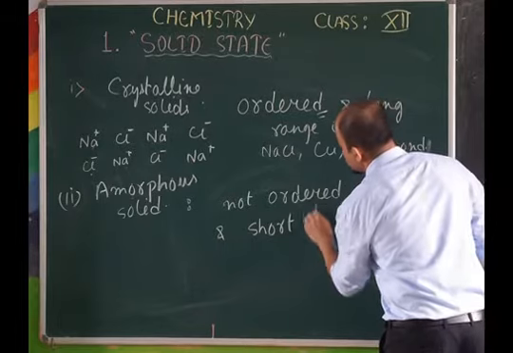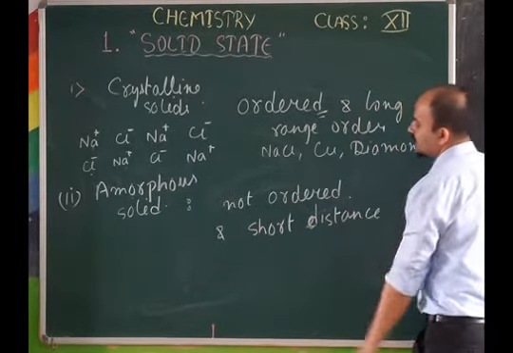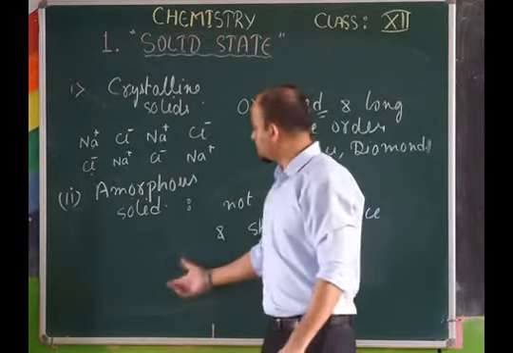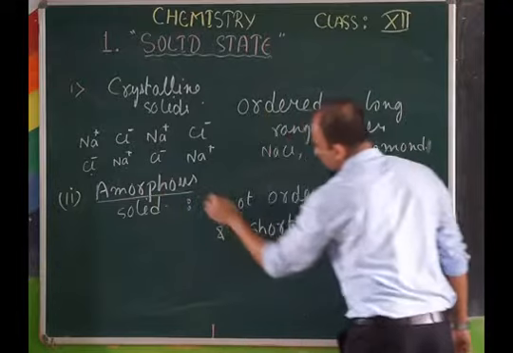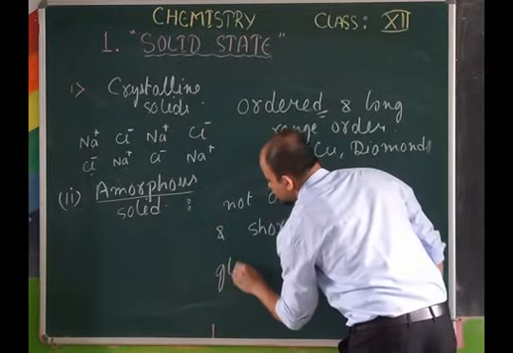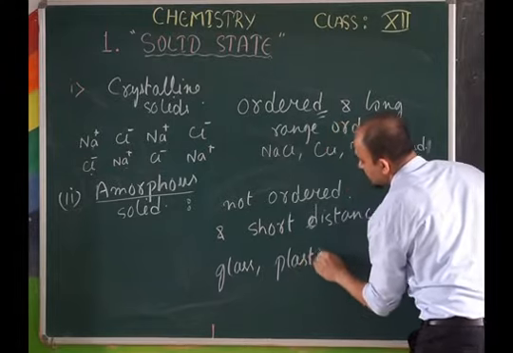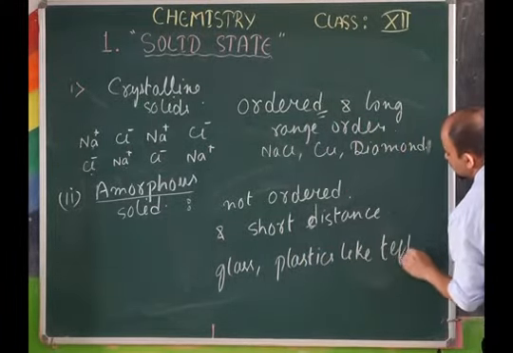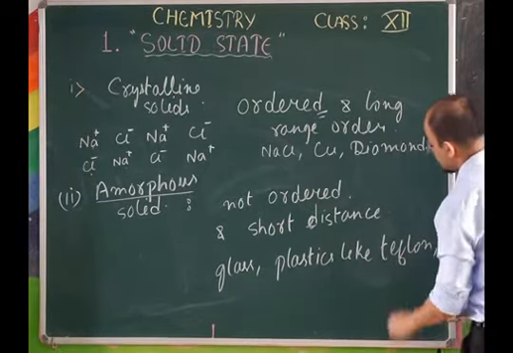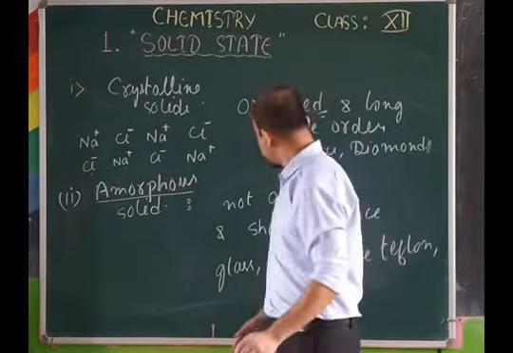Examples of amorphous solids are glass and plastics, some polymers of plastics like Teflon and others.